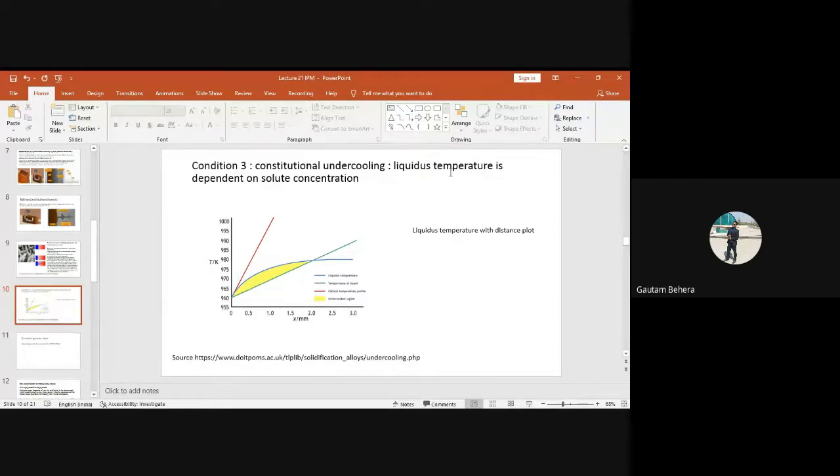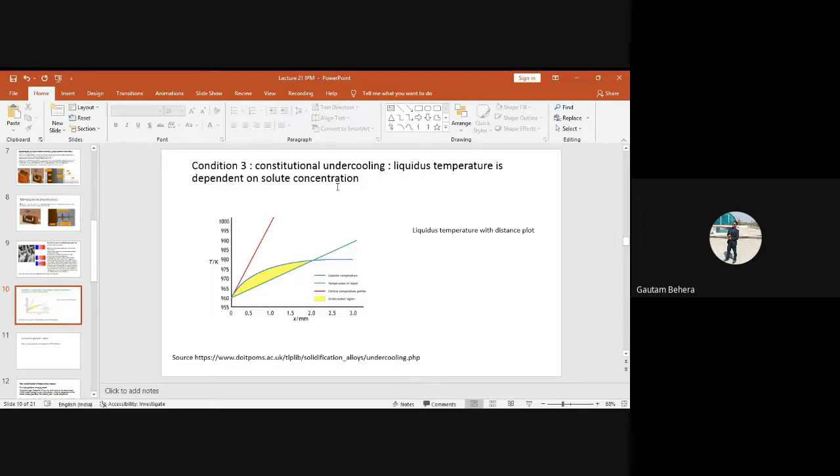Okay, anyways. So what basically happened? This liquidus temperature is dependent on solute concentration, right? That means how much solute is present will affect the liquidus temperature. So the liquidus temperature may decrease or remain high, depending upon how much solute is present, right? So as I told, just imagine: you have a mold. Now you are pouring a liquid alloy into it, and solidification has started at the wall of the mold, for example, and it is growing towards the center of the mold, right?